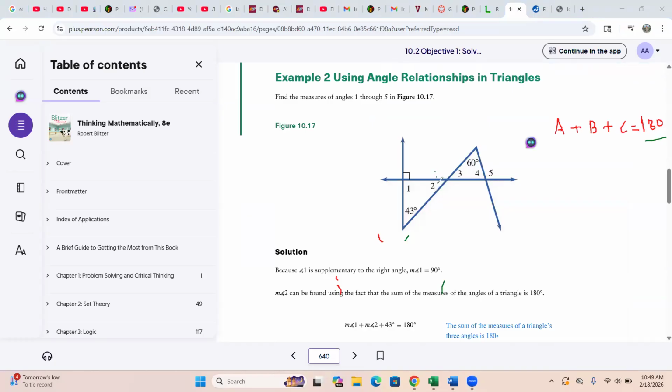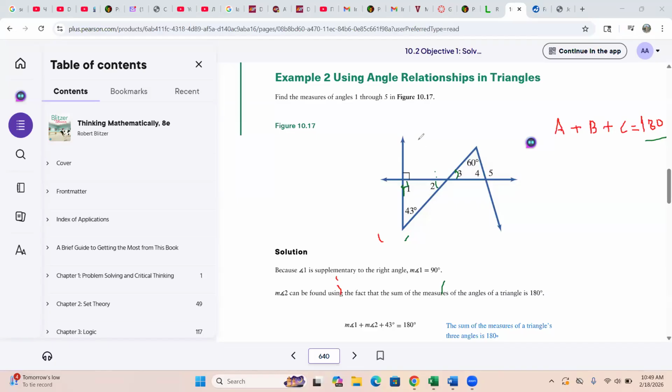What they want you to do is locate measures for all of these angles. So 2 and 3 we already know are the same. So what are they? Well, it looks like I can utilize the triangle with angle 1 because we have a right triangle here. We have a box, so it's a 90 degree angle.